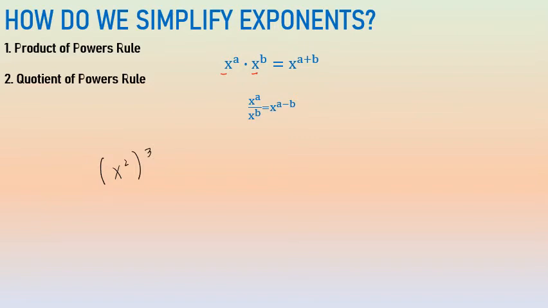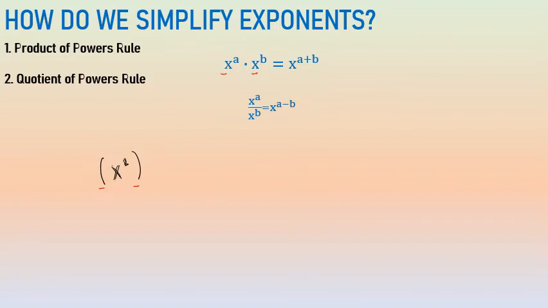Saan yung multiplication natin? We have parentheses. Okay? But, ang minumultiply natin are the exponents. So we have a base x, then inside the parentheses we have a base x raised to 2, or an exponent of 2. Then sa labas, minumultiply pa natin siya, or meron pa siyang isang exponent which is 3. So how do we simplify this one?